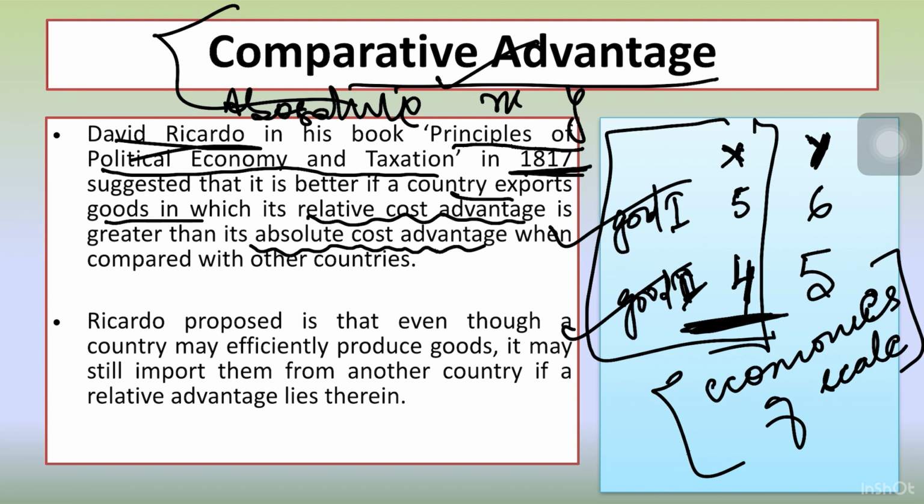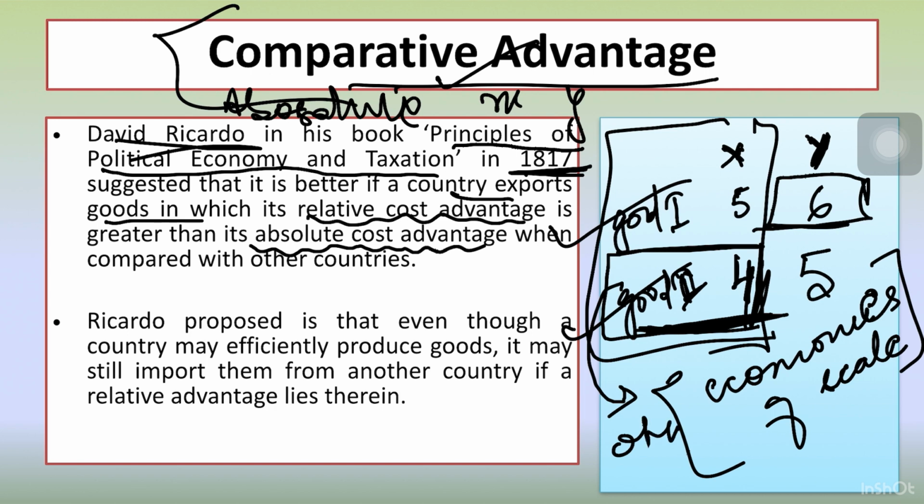So it will focus on producing only good 2 and it is going to import good 1 from country Y. I hope this is clear to you guys. By employing more and more labor in good 2, we are going to produce this good and export it to the other countries. So this is your comparative advantage.